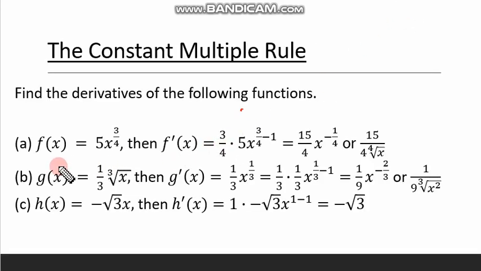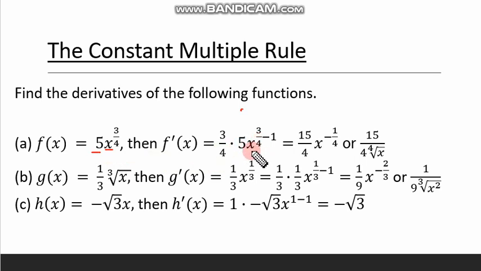Take for example, f of x is equal to 5x raised to the 3/4. So there is a constant here which is equal to 5, and we know how to solve this, right? Because we have the power rule, so we will just use the power rule and the constant multiple rule simultaneously.